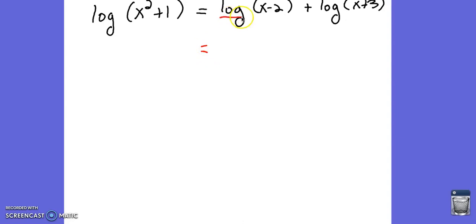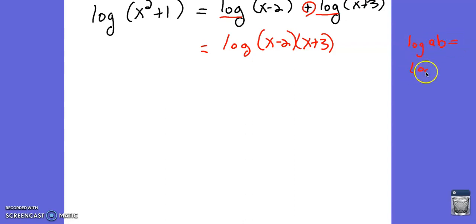So notice this right side and notice the plus sign, and I'm going to combine those together to literally be x minus 2 and x plus 3. Remember that this means the same thing. Remember the property of the log: log AB equals log A plus log B. And so all I did was I went backwards and combined them together.